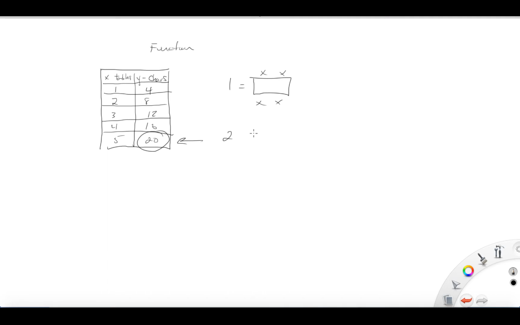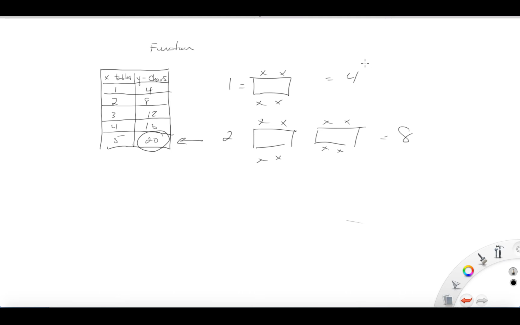If we have 2 tables, we want to put chairs around them. Because the first one has 4, we're going to assume that the second one has 4 as well, which is going to equal 8 chairs. And we can continue on.